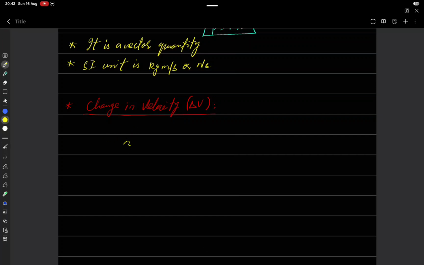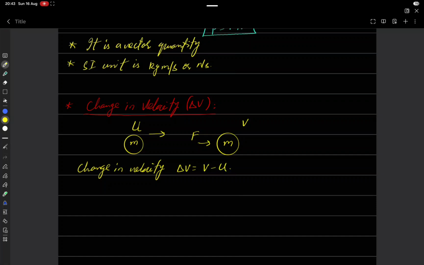Suppose a ball of mass m, moving with initial velocity u, a force is applied on the ball, and as a result its velocity becomes v. So change in velocity delta v is equal to v minus u.